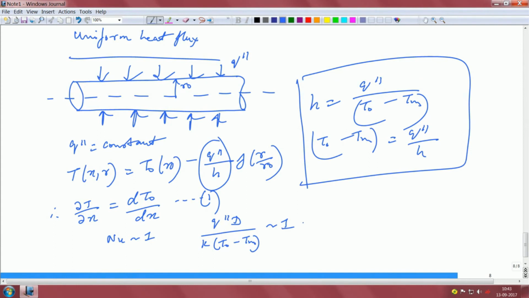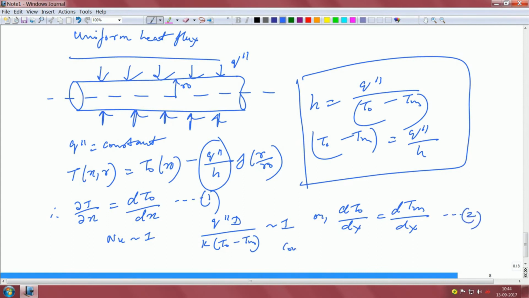From this, dT naught by dx is the same as dTm by dx. If you take it to the other side and differentiate with respect to x, knowing Q double prime is a constant, it becomes dT naught by dx equal to dTm by dx. So compositely, what we get from this is equation 2.